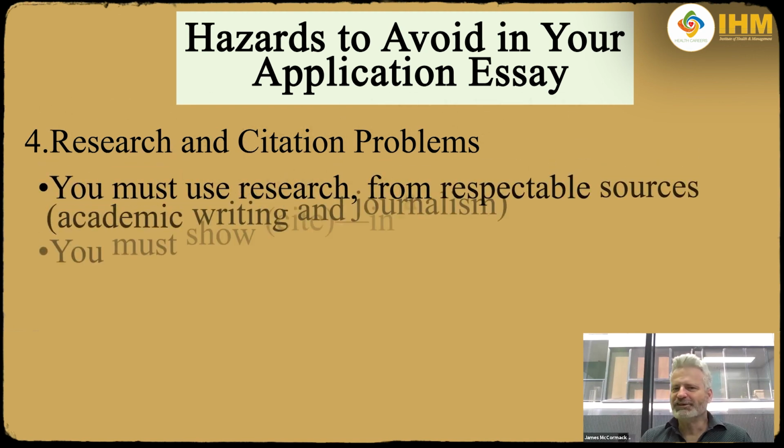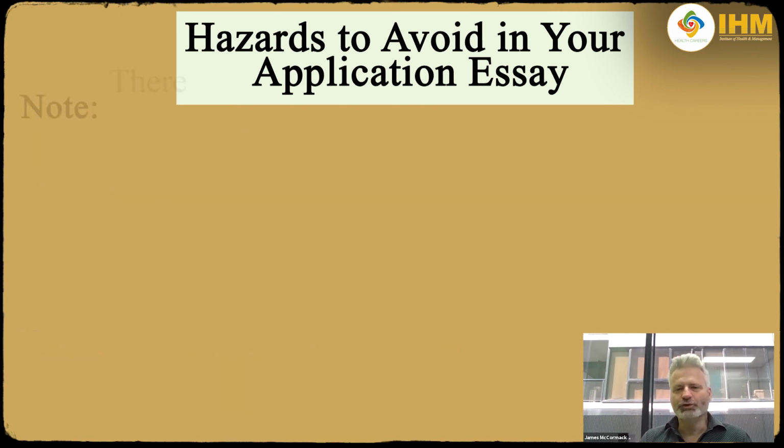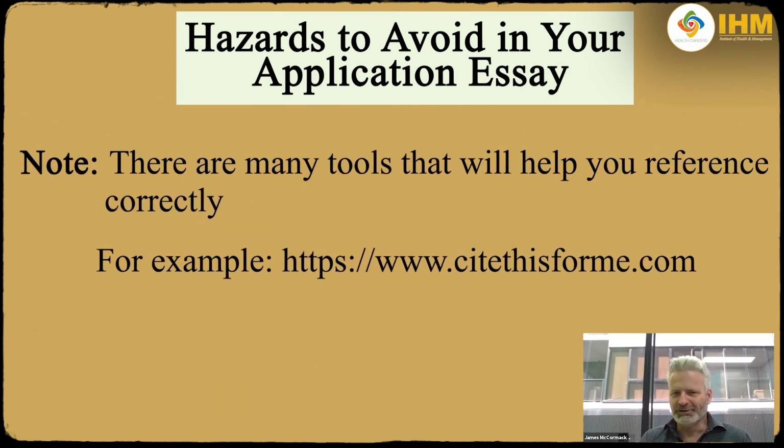And you must use research, and it must be from respectable sources, academic writing and journalism. My recommendation would be to go to Google and use Google Scholar. If you go to Google, you'll see a list of Google tools. If you scroll down, you'll get to Google Scholar, and those link searches to academic journals.